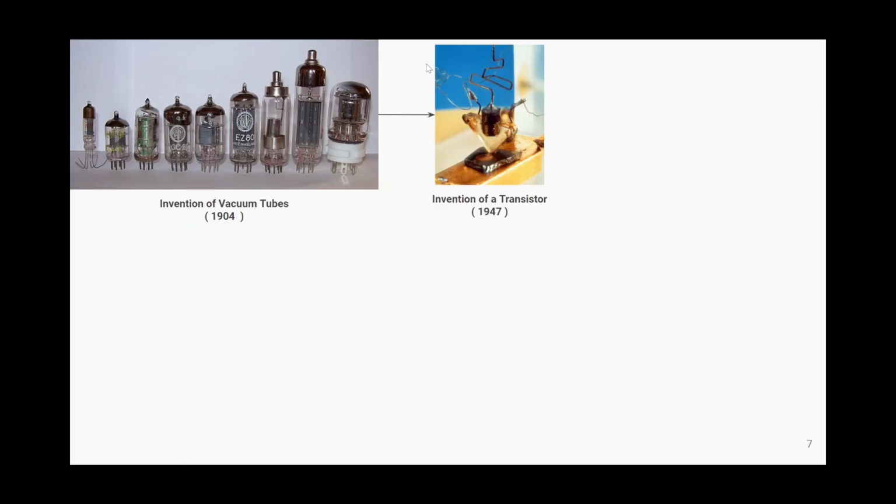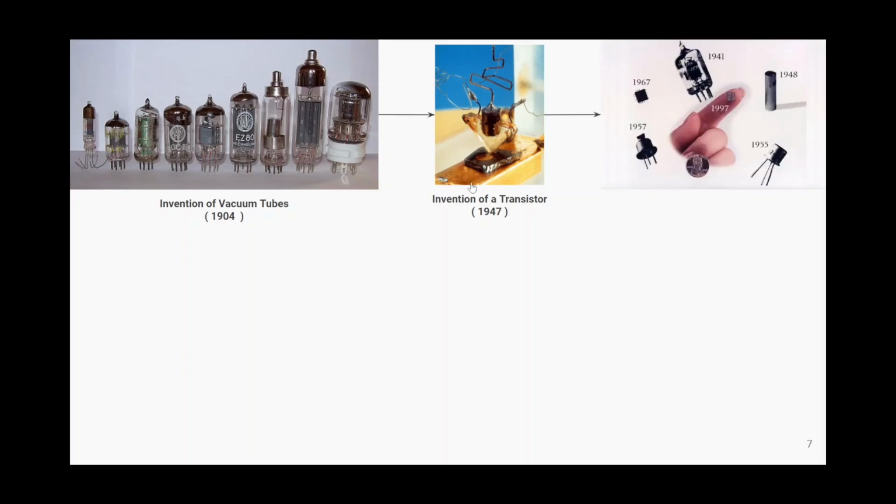Because of vacuum tubes, it led to the invention of the transistor in 1947 at AT&T Bell Labs, and this is the look of the first ever successful prototype of a transistor. They were using germanium, a material, for their experimentation or prototype work.